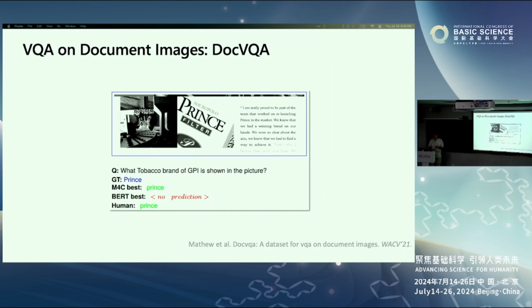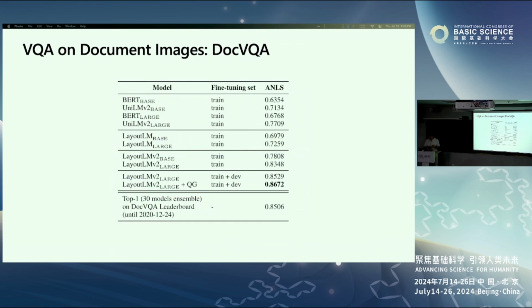So we have introduced this example in the previous slides. Basically, the model needs to understand the image and answer some questions. And here we can see that after combining the image feature, text feature, and layout feature before we pass them into the model, the performance is largely better than the version 1 model.